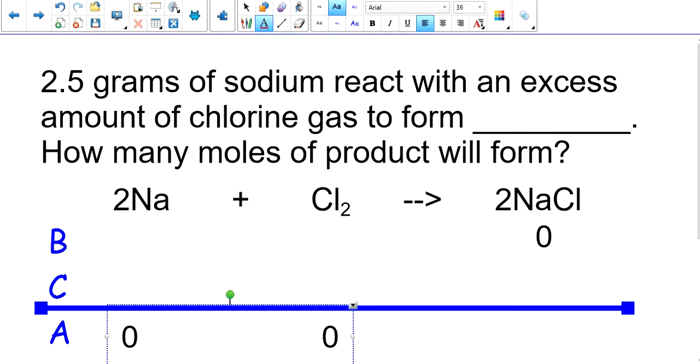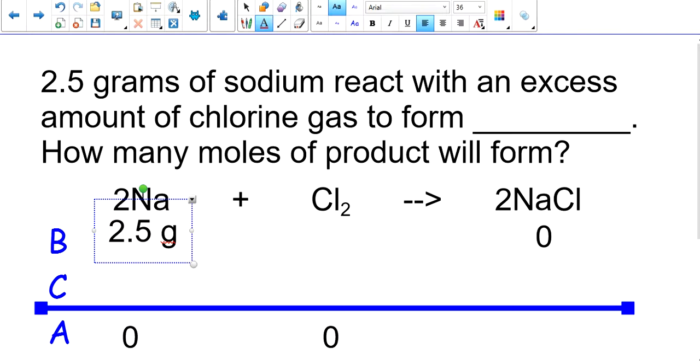Then it says 2.5. And so on the before, you're going to say 2.5 grams, but pump the brakes here. Because when I do a BCA table, what I want to do is compare the number of particles that is changing in a chemical reaction.